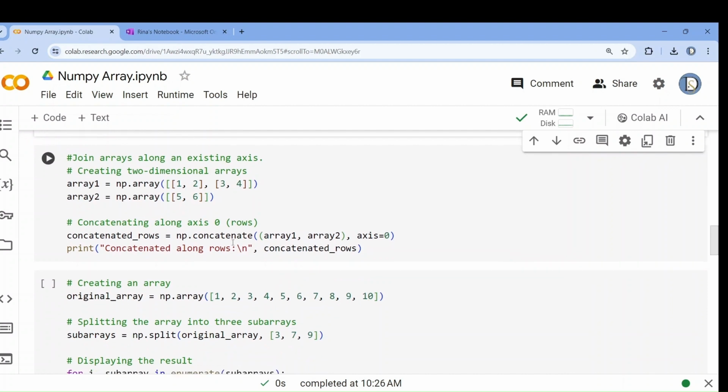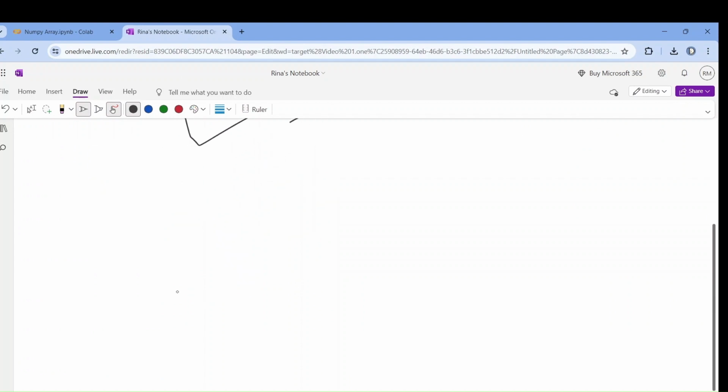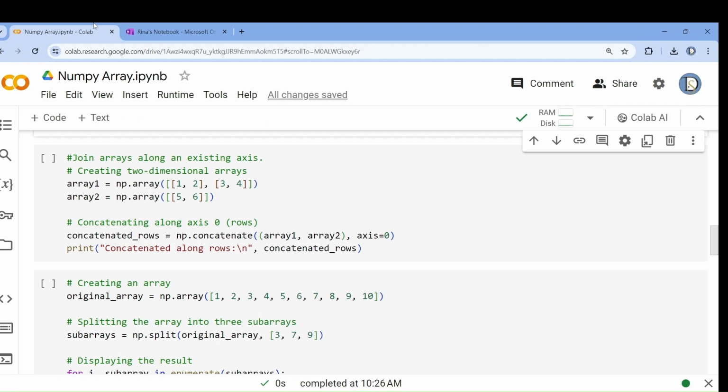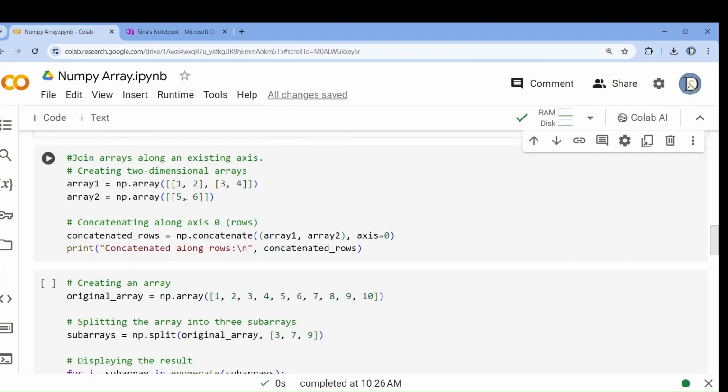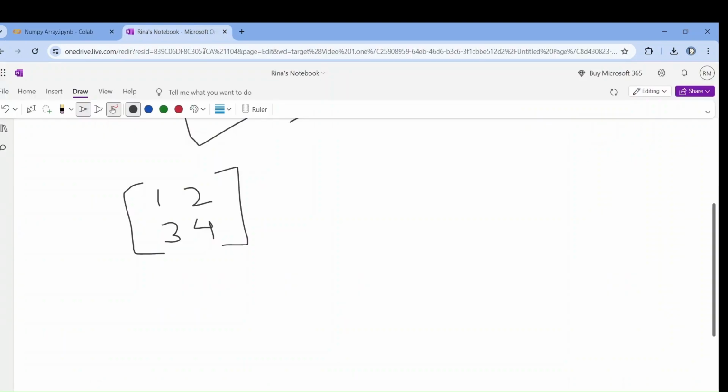And I want to concatenate them axis wise. Let me show you how it happens. First, I have 1, 2, 3, 4. See, I have this array. Next one is 5, 6.